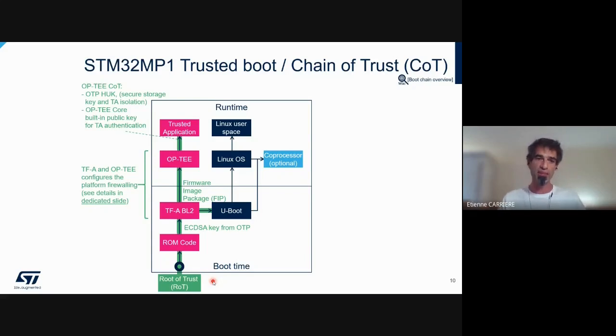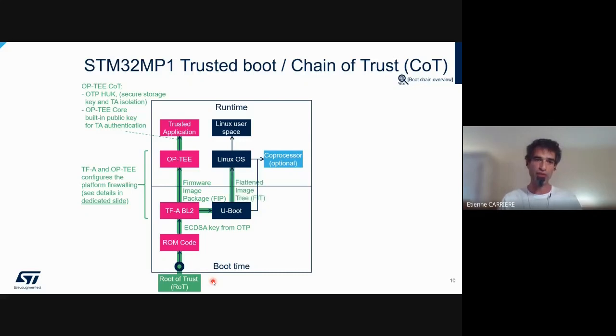And the TA binaries themselves, when they are loaded from the insecure world, are authenticated, and the authentication is based on the public key that is built into the OP-TEE image. So this public key is in the chain of trust since the BL2 boot stage and the authentication of the OP-TEE image itself.